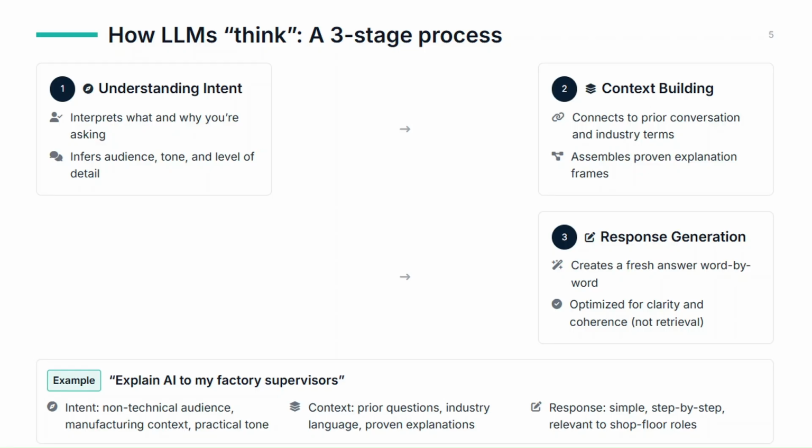Third, response generation. The model creates a fresh answer, word by word, optimized for clarity and coherence. This is extremely important: the response is not retrieved, it is generated. Every answer is new, based on probabilities and patterns, not stored text.